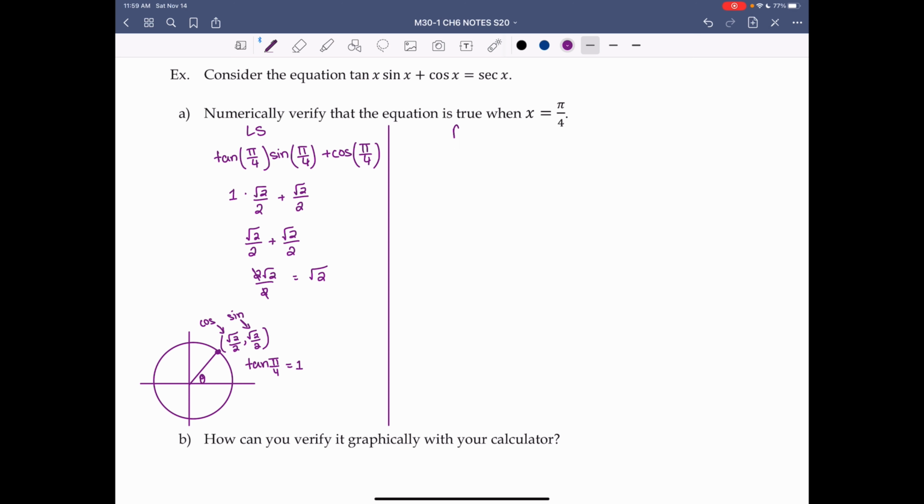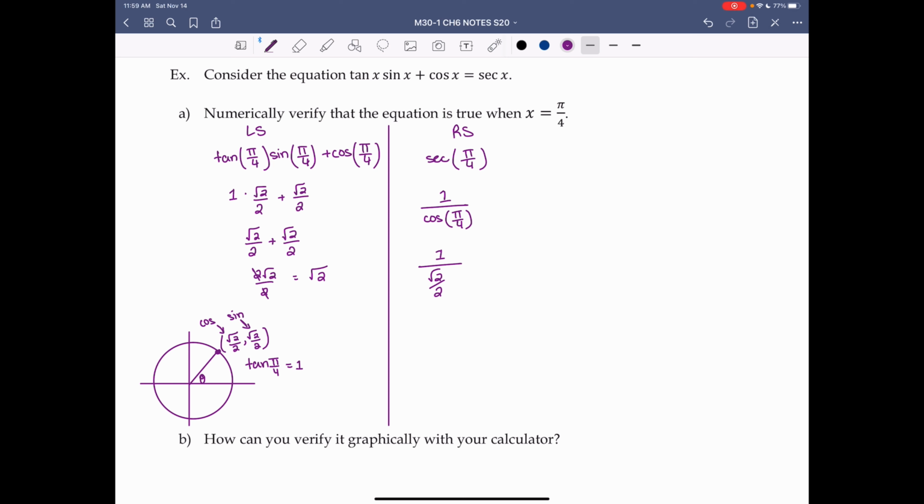On the right side, we just have secant x, and x is pi over 4 in this case. Secant is 1 over cos, so 1 over cos of pi over 4. Cos of pi over 4 is root 2 over 2, so 1 over root 2 over 2.